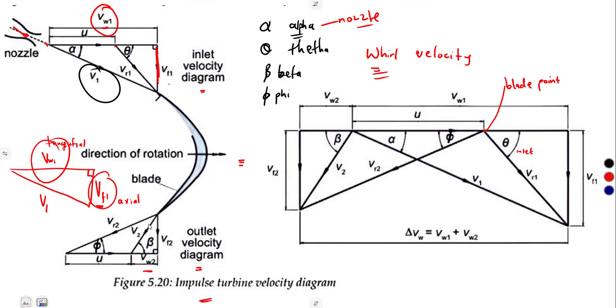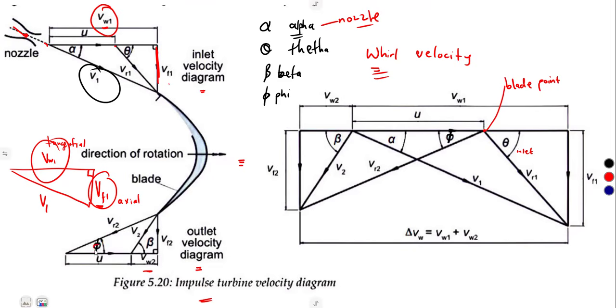Then, on the other hand, the jet glides over the inside surface of the blades, entering and leaving the blade tangentially without shock, but has to overcome some friction. So that's at the exit now. The gas exits with a velocity VR2, the relative velocity, at angle phi.